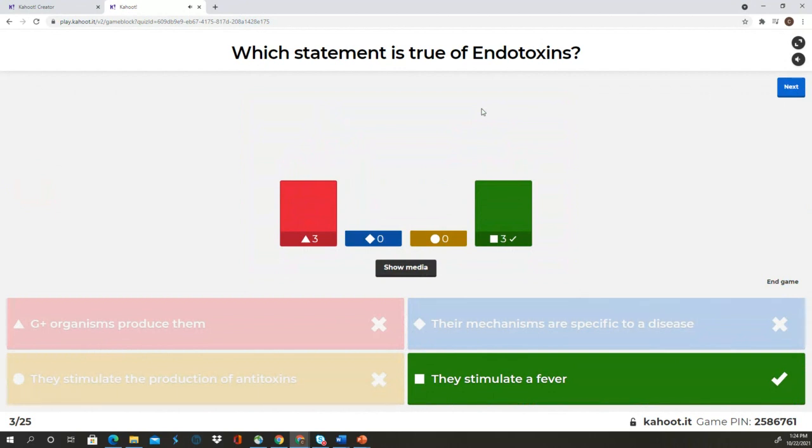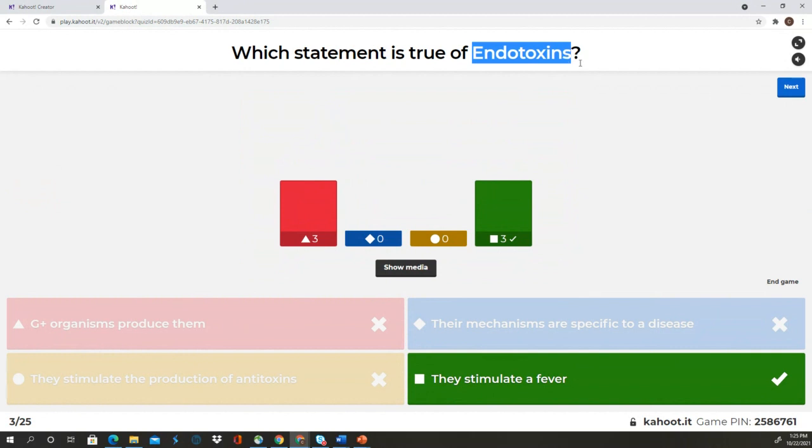All right, so definitely remember that you'll need to be able to compare and contrast endotoxins and exotoxins. It could be a question like this, but essentially you have to know the features of both. Gram-positives tend to produce exotoxins because endotoxins are built into the gram-negative cell wall.